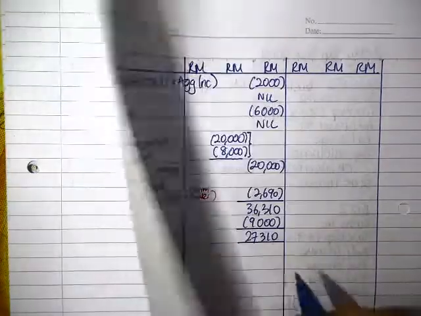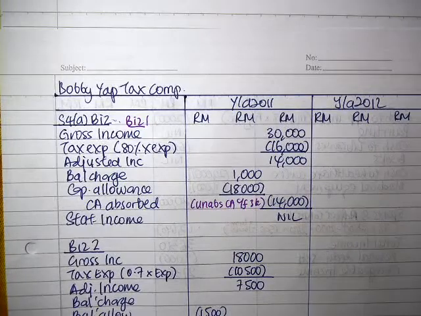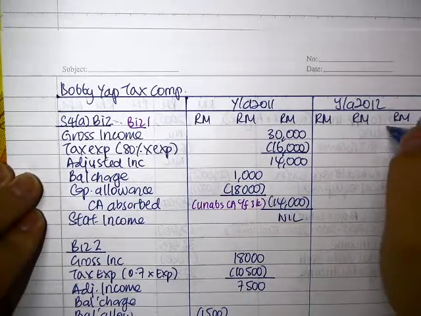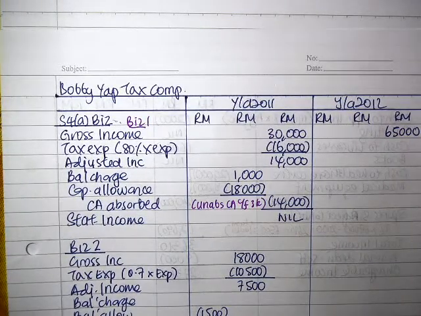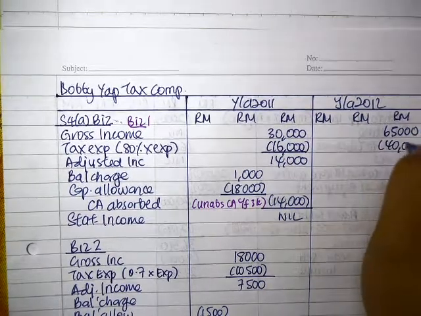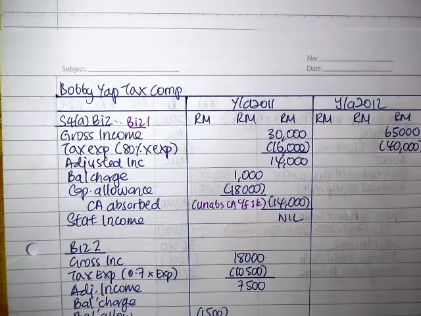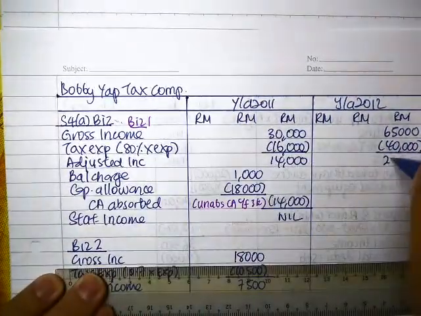Okay, so what's in the second year? Alright, for 2012, my business one is a gross of 65, and with 80% deduction, that's 40. It brings my adjusted income to 25.